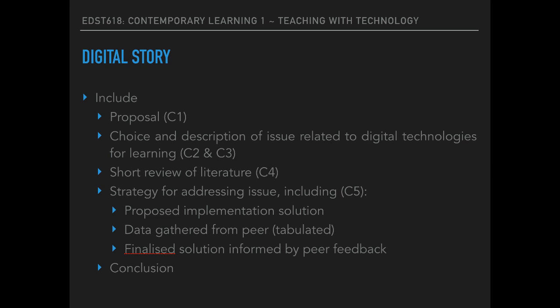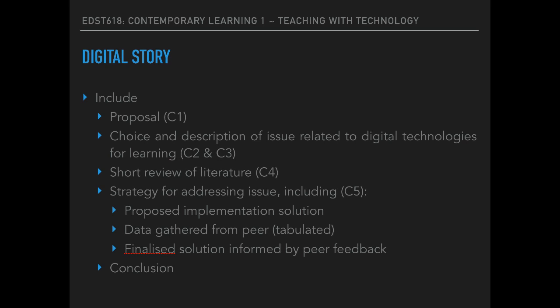Then you want a more elaborated description of your chosen issue related to digital technologies for learning. Then a section about your review of literature. And then the bigger section is going to be the strategy for addressing the issue, and in there will be your proposed implementation solution.